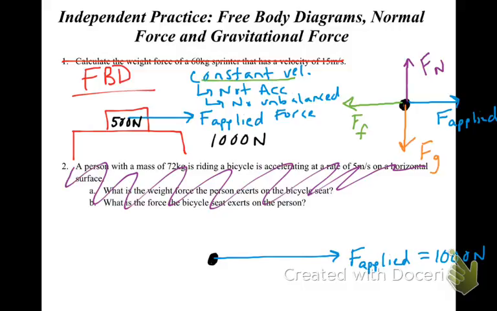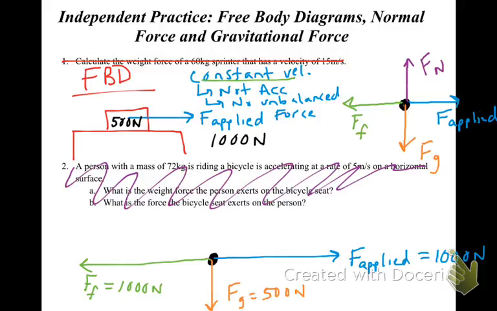Our force of friction must also depict 1,000 newtons, because we're moving at constant velocity. So yes, the object is moving to the right, but the frictional force is equal and opposite. Next, we've got our force of gravity, which should be half the size of that arrow, and our force of gravity equals 500 newtons.